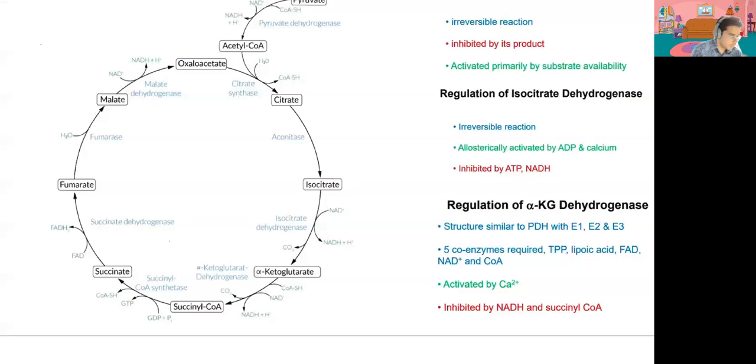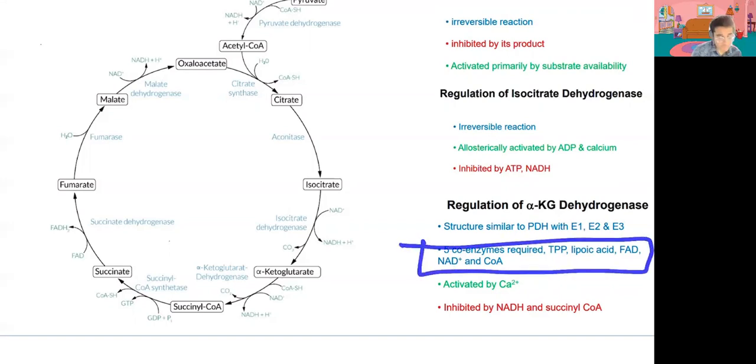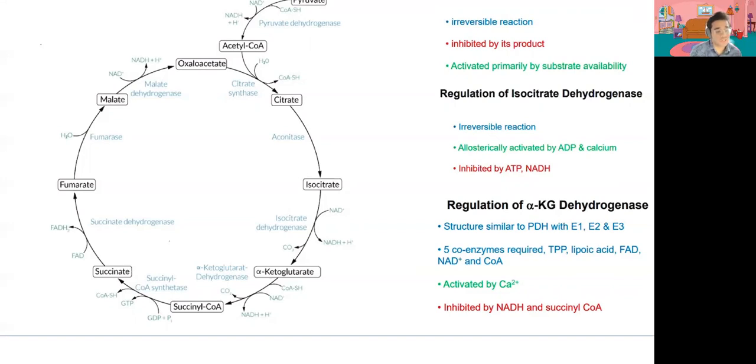Your alpha-ketoglutarate dehydrogenase is very similar to pyruvate dehydrogenase because it's a complex, right? So it has multiple components, E1, E2, E3. Don't need to really worry about that, but what you do need to know are those coenzymes, right? Tender loving care for Nancy. If it's a dehydrogenase, a good chunk of the time, if you guess tender loving care for Nancy, you're going to be fine.